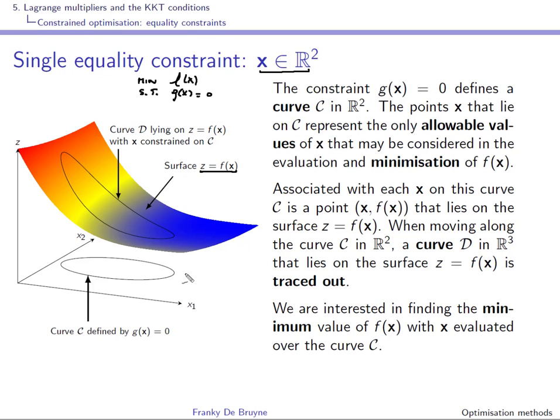If we now look at the constraint, g of x equal to 0, this defines a curve in R squared. So we can look in the x1, x2 plane, and g of x equal to 0 defines a curve that we'll call C, and a point that lies on this curve represents an allowable value for x in the evaluation and minimization of the function f of x, right?